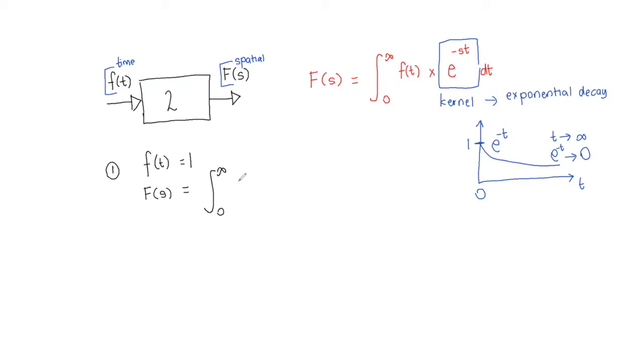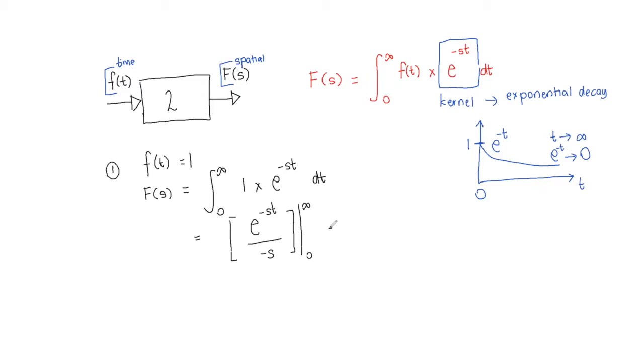We take in the input signal itself, which is 1, multiply with a kernel function, which is exponential to the power of minus st, and don't forget your dt here. The answer to this will be exponential to the power of minus st over minus s, and the whole thing must vary between the limits, which is from 0 to infinity.